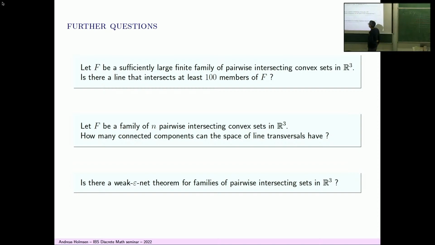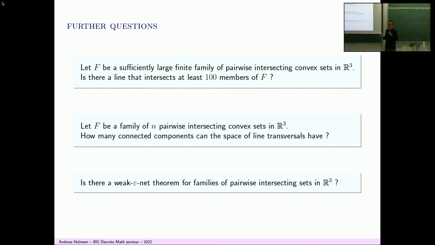Second question, let F be a family of n pairwise intersecting convex sets in R3. How many connected components can the space of line transversals have? I showed you in the beginning an example of 4 convex sets, and the space of line transversals had 2 connected components. But in R3, it's very different.